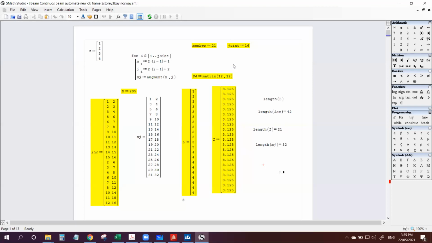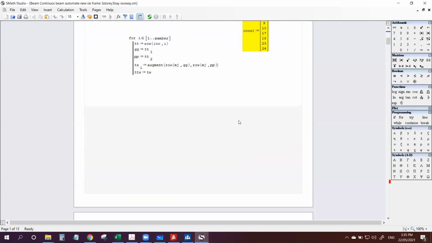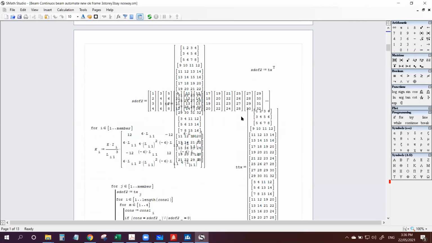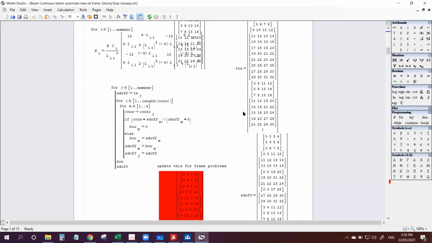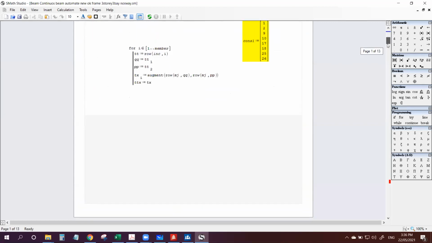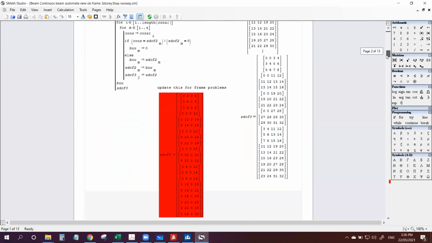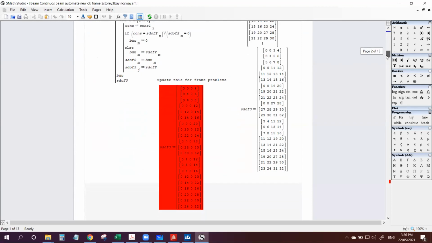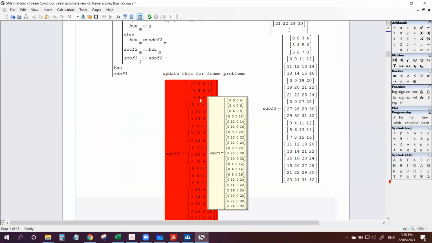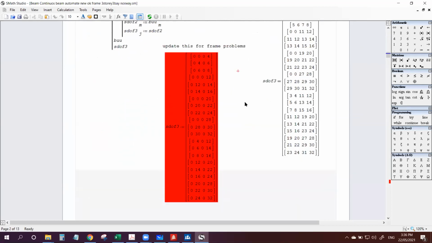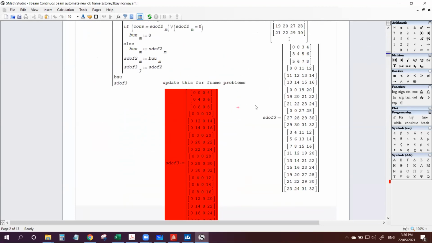Okay. So this is now the corresponding SMAT code. This is red now because the code is not perfect.